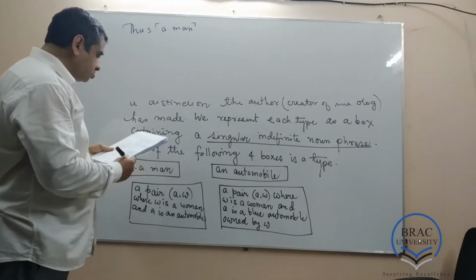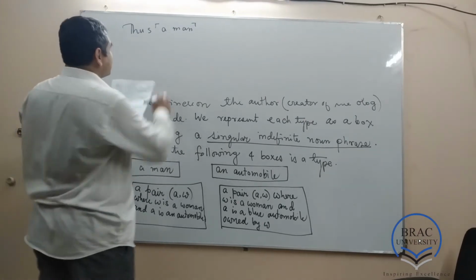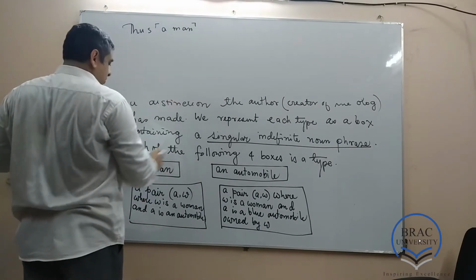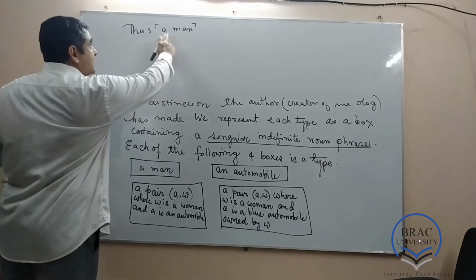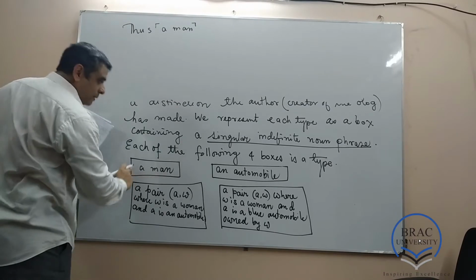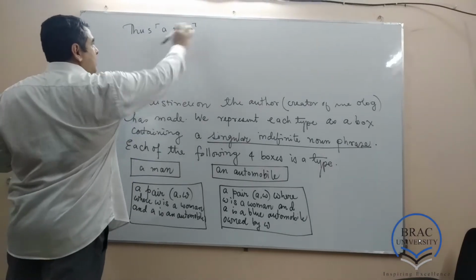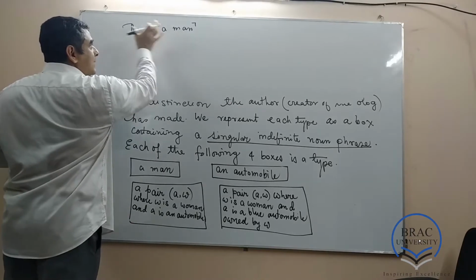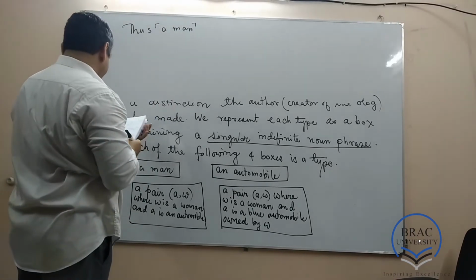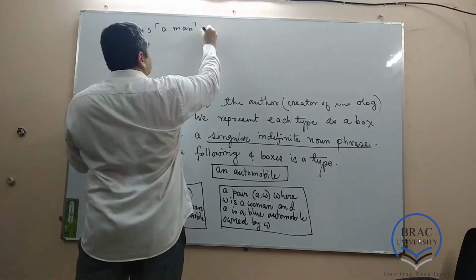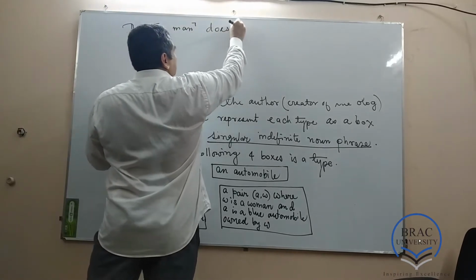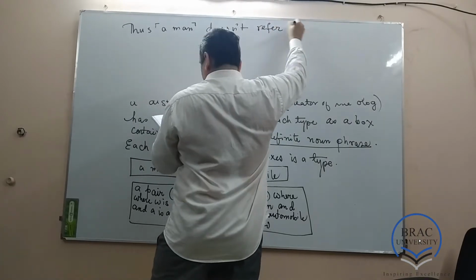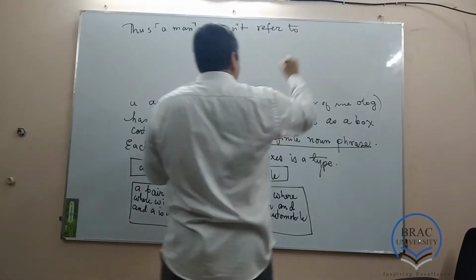Okay? So a man means the type that we are discussing, but instead of putting it inside a box, we are putting it inside these corner symbols because now we are discussing it inside the sentence. Thus a man does not refer to a single man.